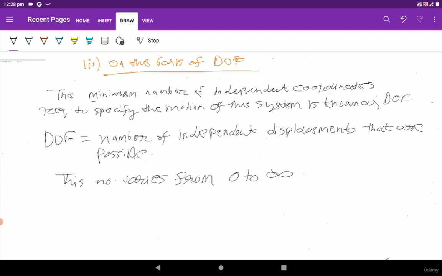So let's see some examples of vibrations and how to calculate degree of freedom.